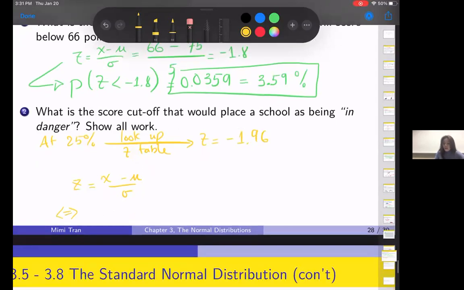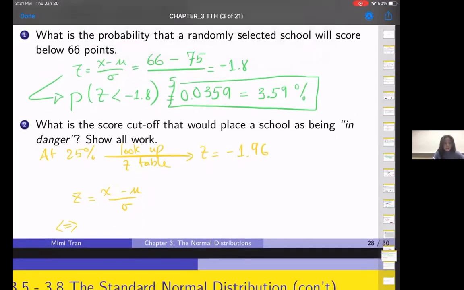All right. So now that I have Z, I can plug it into the formula. Negative 1.96 equals X, the variable I'm looking for, the score, minus mu, which is 75, divided by sigma, which is 5. And I hope everyone is able to solve a linear equation.